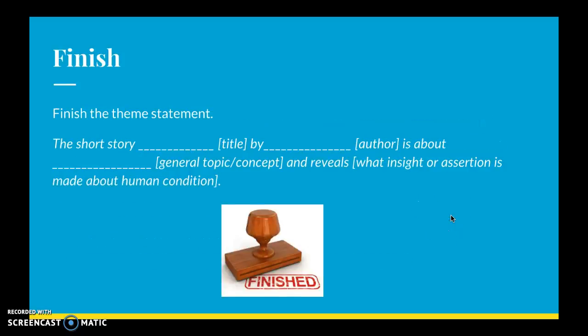So here we go. I would finish my theme statement, so I've already done up to here, by saying, "and reveals" what about human beings. So the short story To Kill a Mockingbird by Harper Lee is about racism, and it reveals that everyone should try seeing things from another person's perspective.